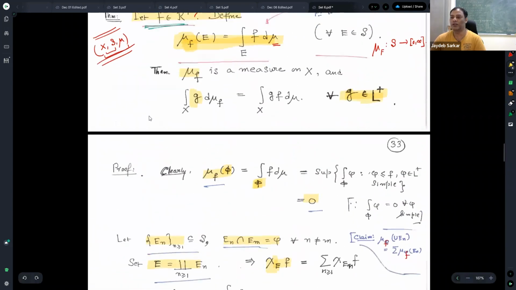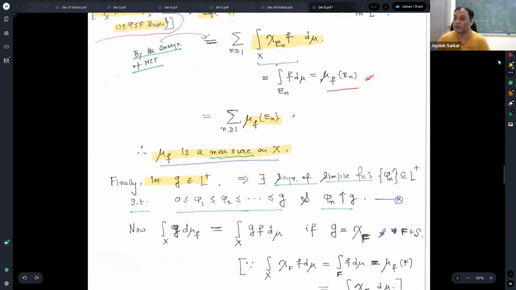I keep it over here: the integration of g dμ_f equals the integration of g f dμ. This is what you want to prove for all g.